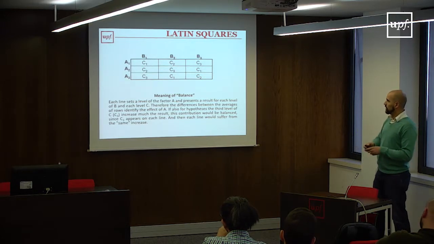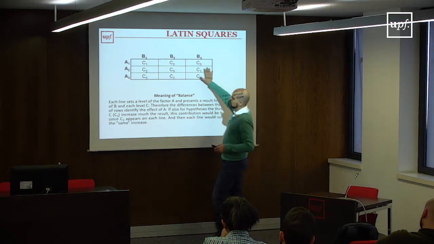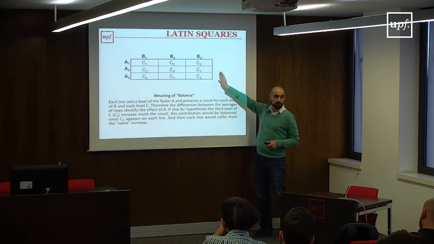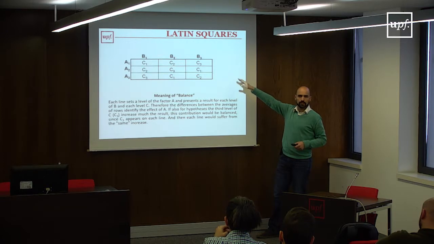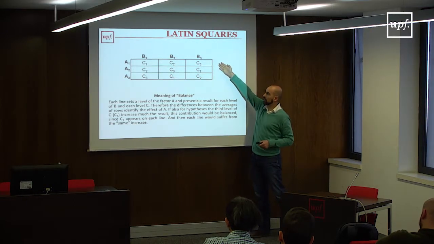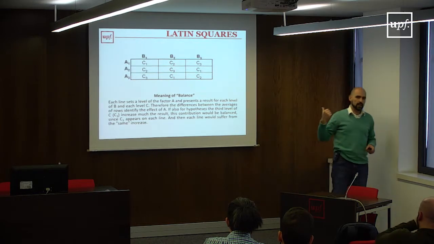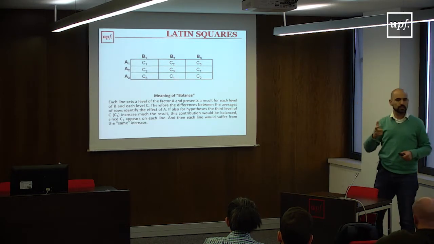If I know nothing about C and B, and I only see the averages of the rows, the numbers I have here, the averages of the rows, are telling me how factor A is changing.